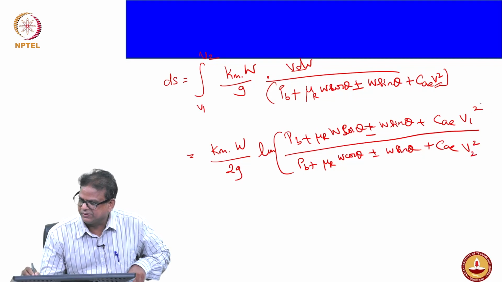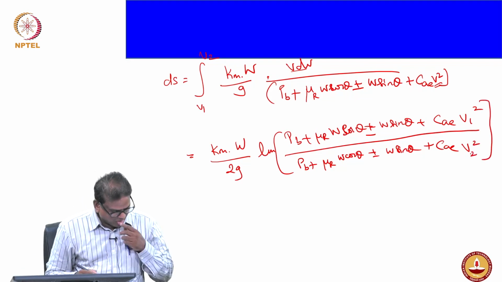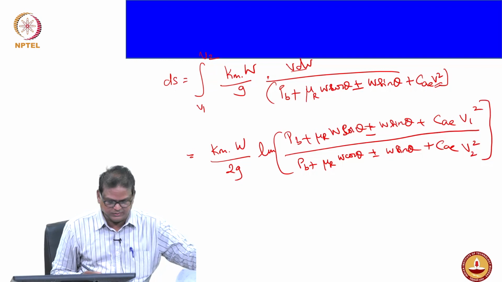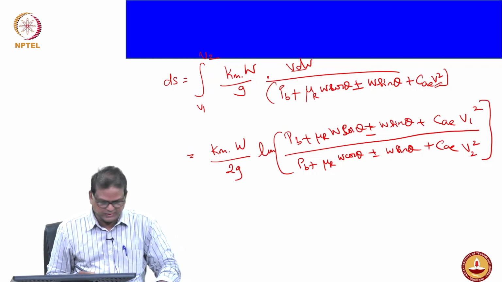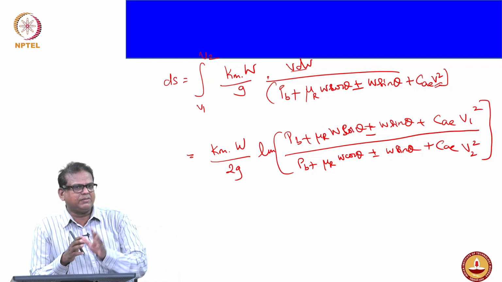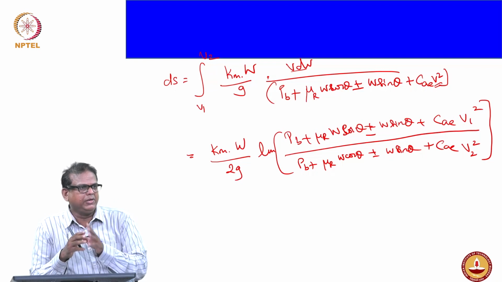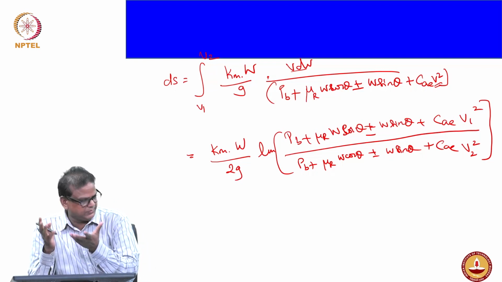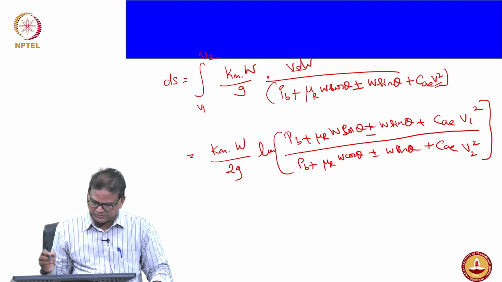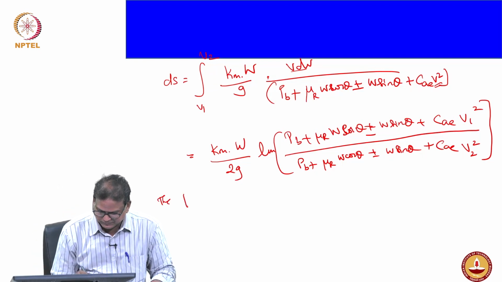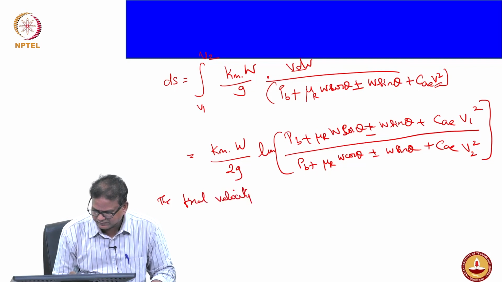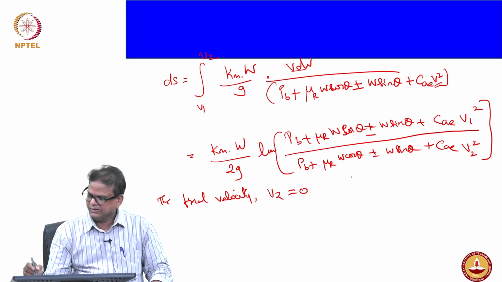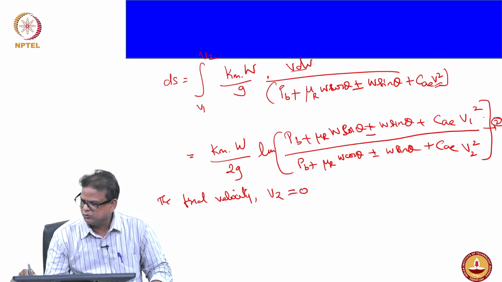The limit is given. Again, we'll come back to the simplification. V1 is the vehicle initial velocity, V2 is the vehicle final velocity. What is V2 generally? Generally V2 will be 0. V2 equals 0, so we substitute that into this equation number 2.